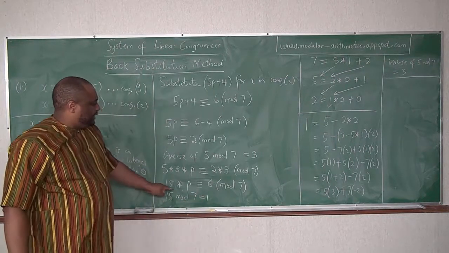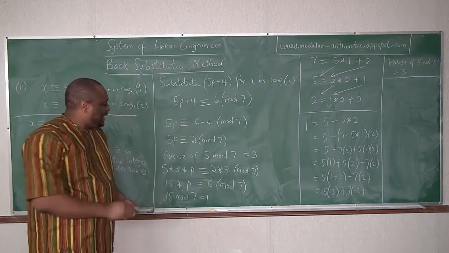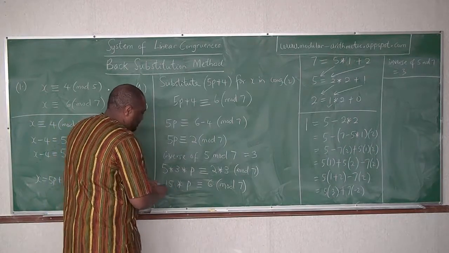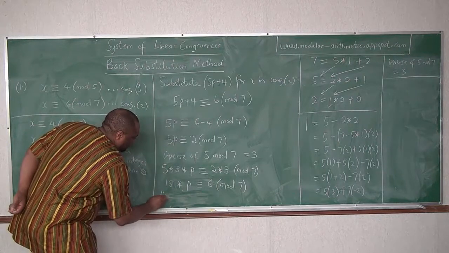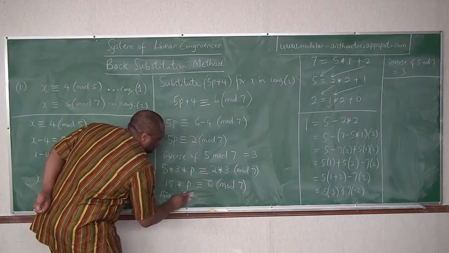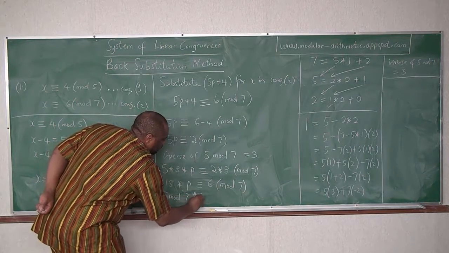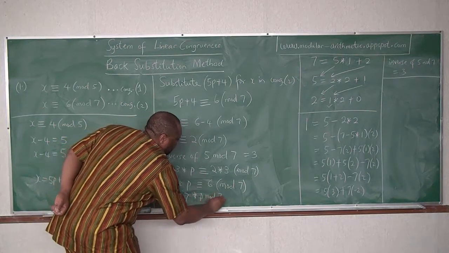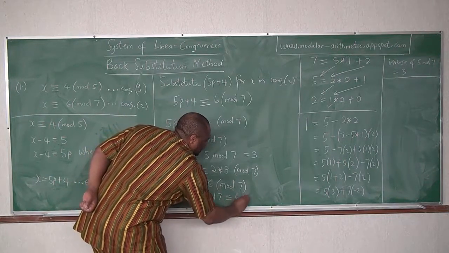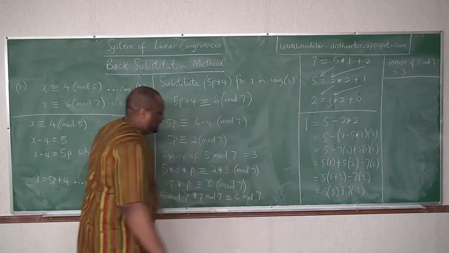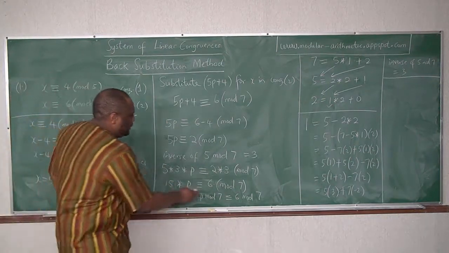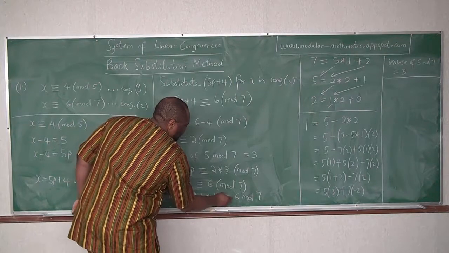What this means is 15 mod 7 times p mod 7 is congruent to 6 mod 7. That is what this means.